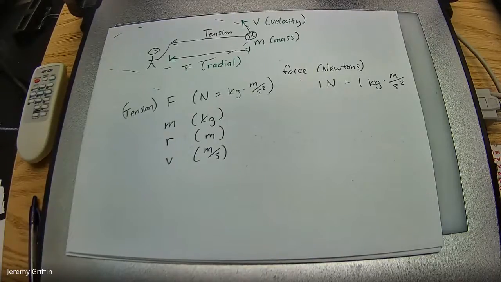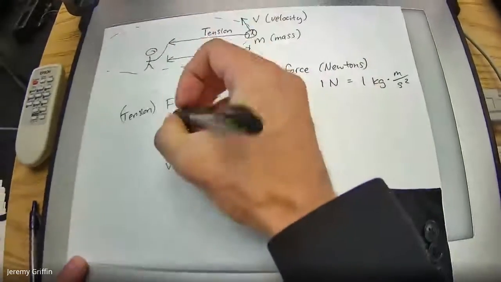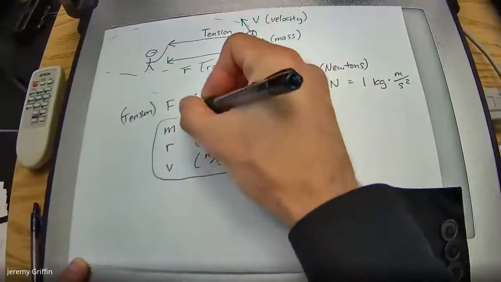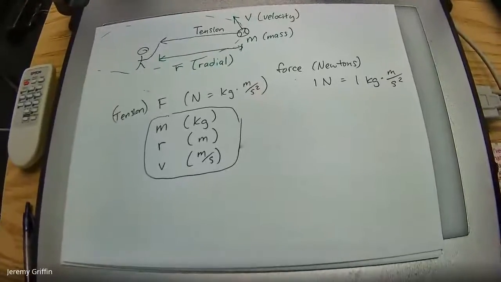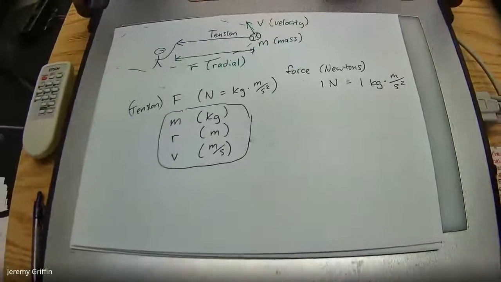Somebody multiplying and dividing these 3 guys right here to somehow give me a force unit, which would be newtons. Somehow multiplying mass, radius, and velocity to somehow get a force unit. How do you do it?